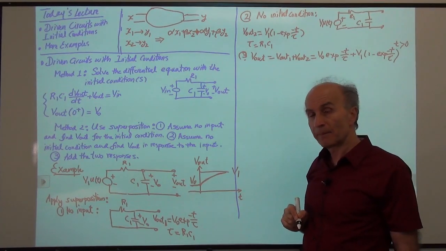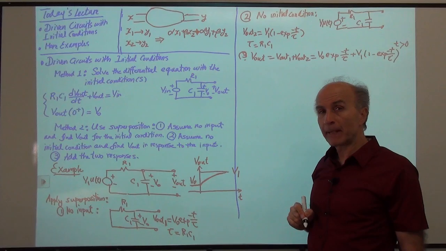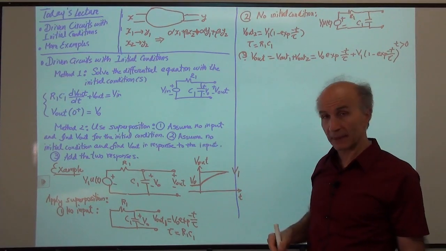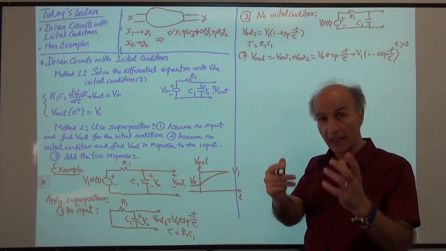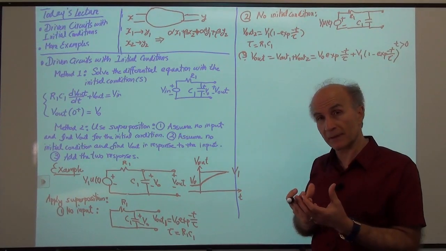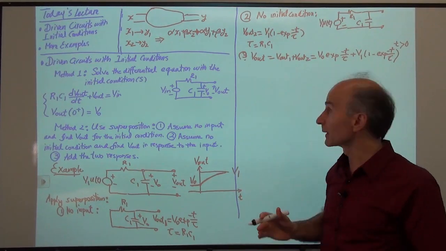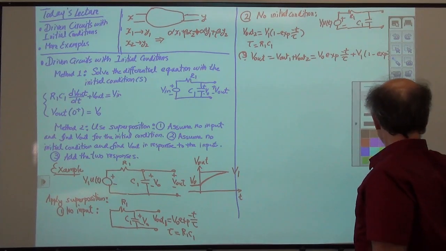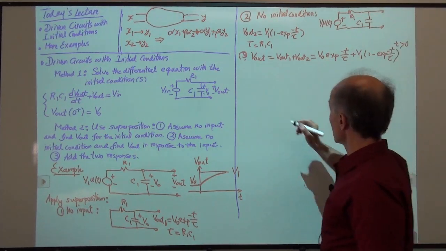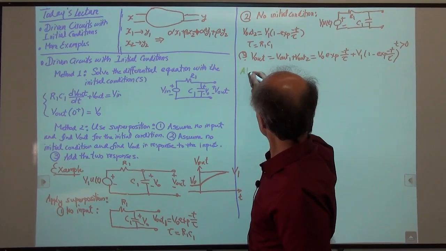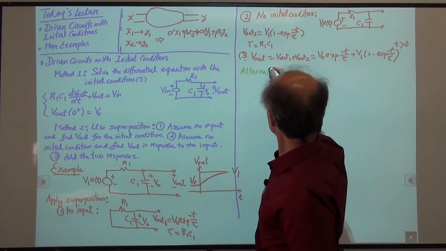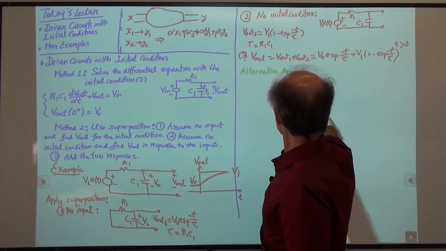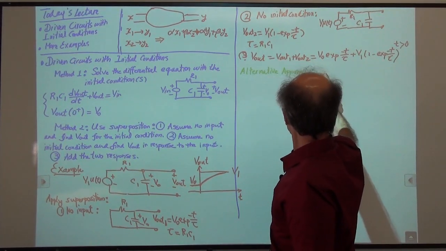Okay, so, but if you look at the circuit for a moment, you say, well, actually, I don't need to do any of this stuff. It's a first order system. And we have a general equation for a first order system, regardless of what it looks like. So we can say the alternative approach is, and it probably entails less work, we say it's a first order system, and I can always write it like this, right?